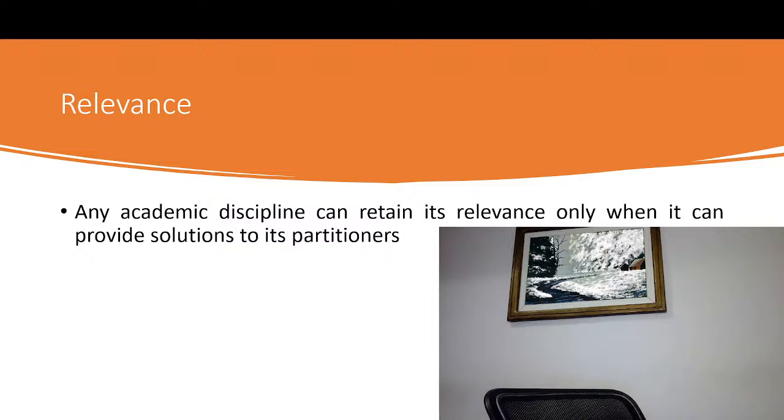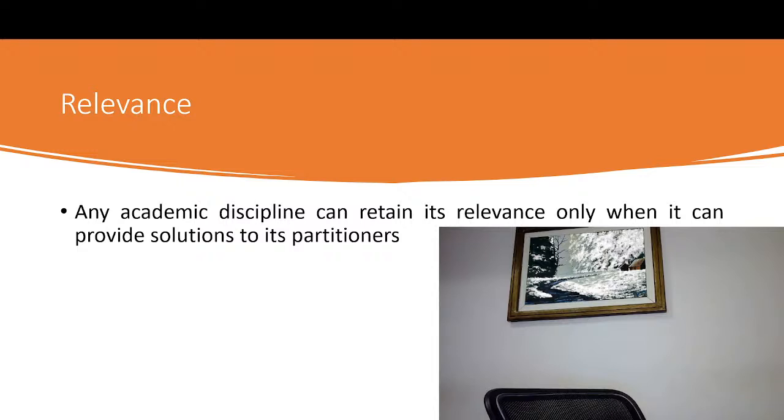Okay. And similarly, public administration should provide solutions to problems faced by the practitioners. And bureaucracy can retain its relevance only when it comes out with solutions to the problems faced by the people. And to find solutions, they must interact with society. The closed system approach is a problem. So the problem with the bureaucracy is that they are interested only in rules, operations, regulations, goal, and operational assessment.